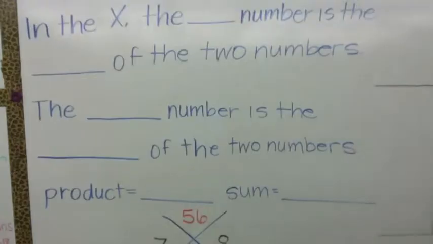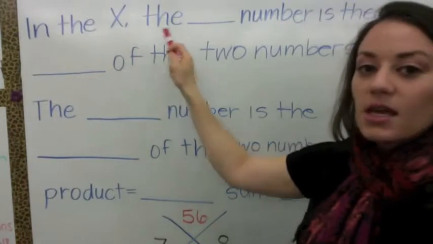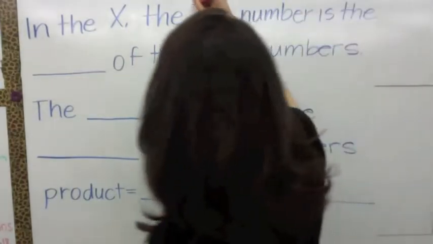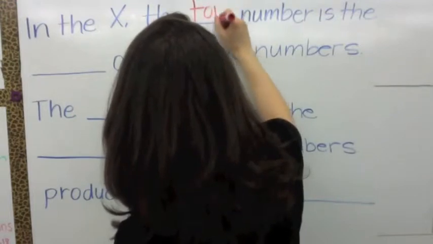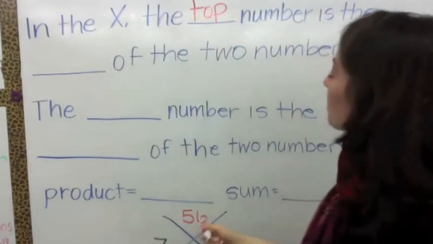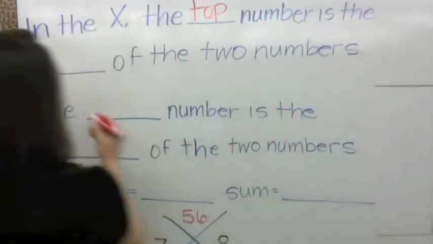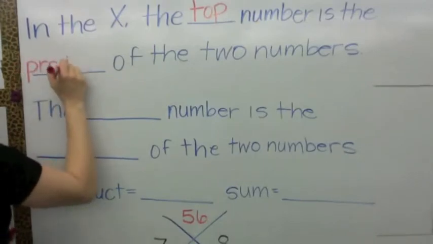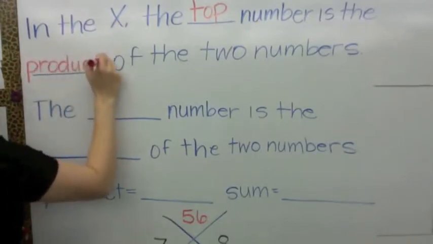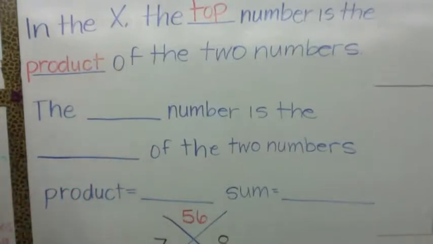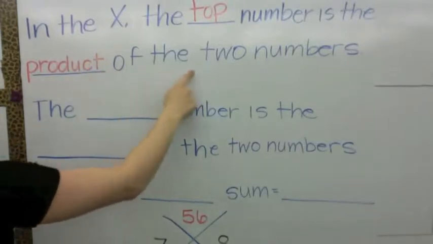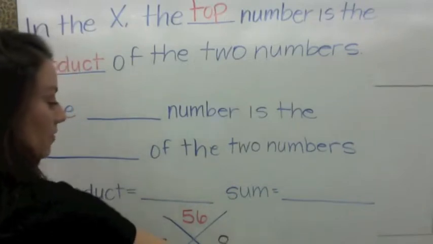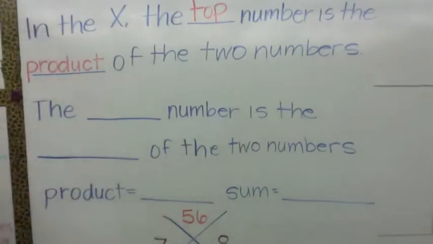What I want you to write here in the X is the top number. The top number, we call this the product. The top number is the product of the two numbers, and these are the numbers on the side, 7 and 8.